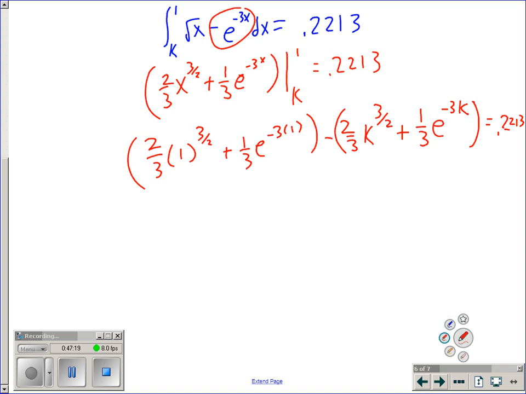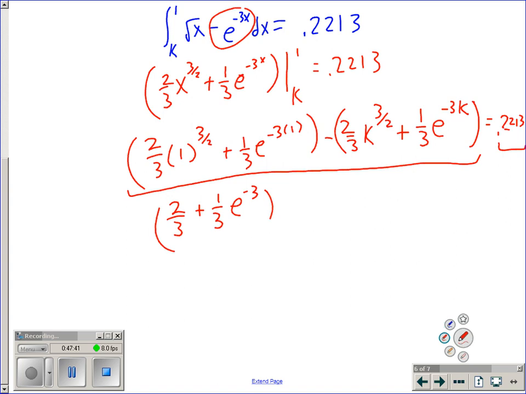And honestly, guys, I plugged this into the calculator and I solved it out. Basically what I'm saying is I plugged this into y1, this into y2, and I found the intersections. If you want to tidy it up a little bit, you can. You can say this is 2/3 plus 1/3 e to the negative 3 minus 2/3.